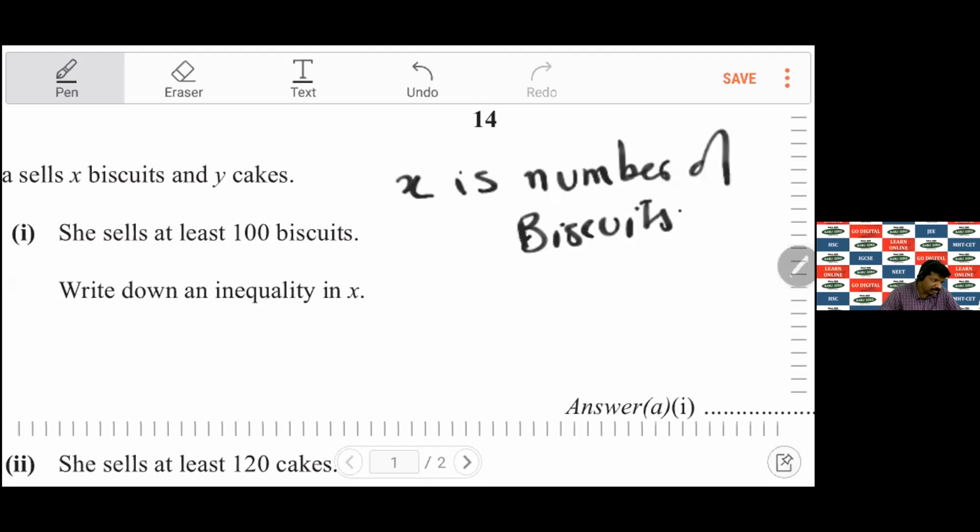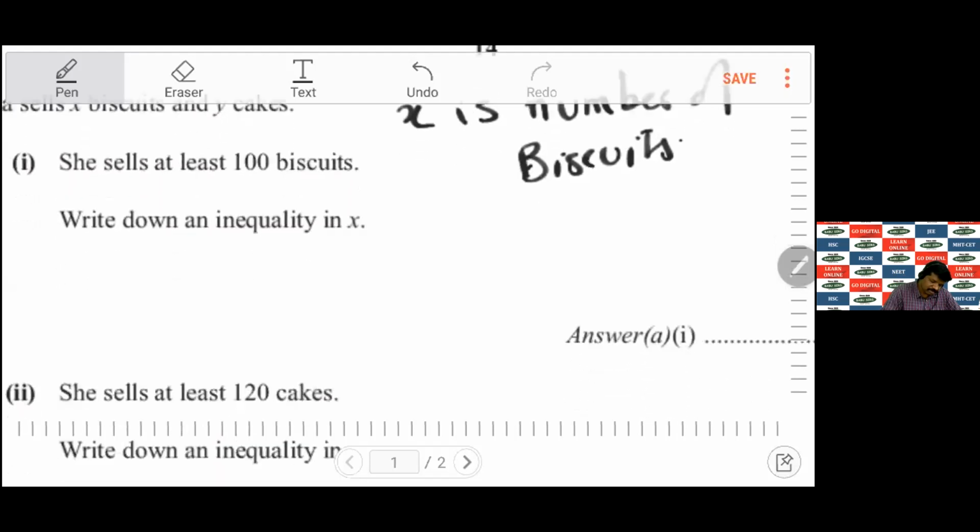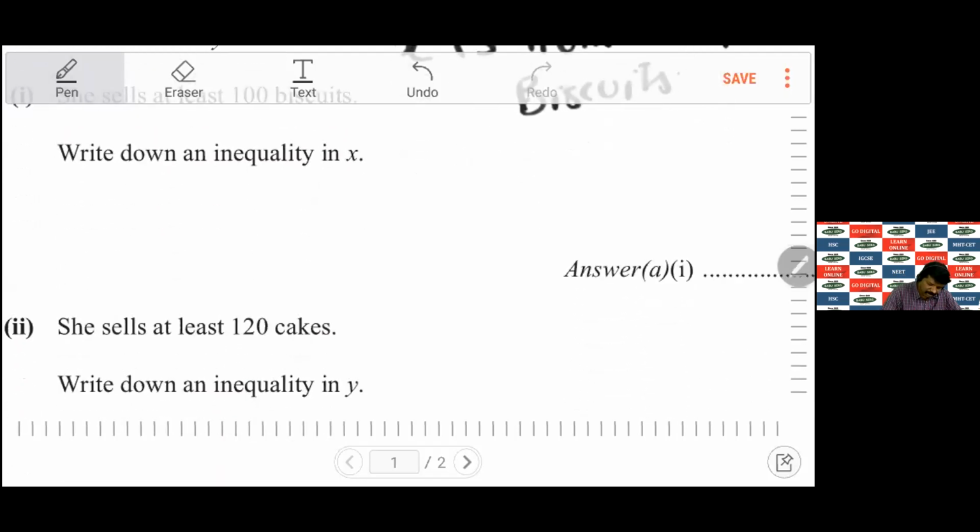Mehak, what is X? Sir, it is the number of biscuits.